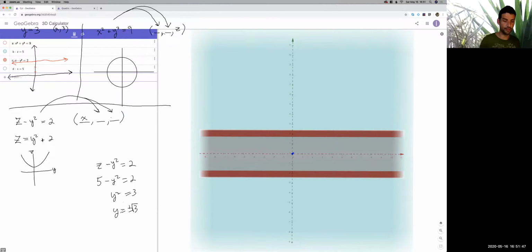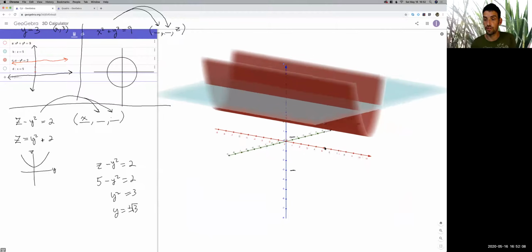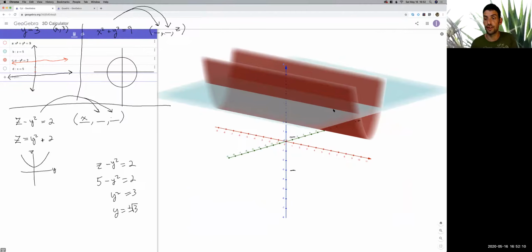I took y squared equals 3, and then we get y equals plus or minus the square root of 3, which is about 1.7 and negative 1.7. These intersections are these two horizontal lines, just like in the first example. So x can be anything, we extend this way. Z is locked in at 5. We can't see it from this perspective, but when we turn, we see those two lines are at a single value of z. So that's a less interesting trace. It's just these two lines.